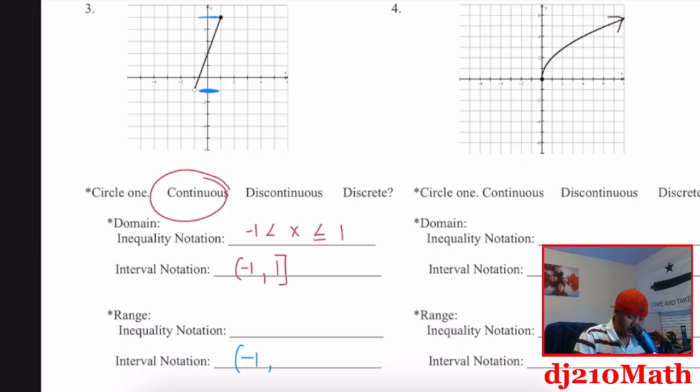The largest that y could be is 5. Bracket. Closed circle. Again, we have an interval -1 to 5, and we want to write this as an inequality. So we put y in between because it's the range. We don't include -1, but we do include 5.